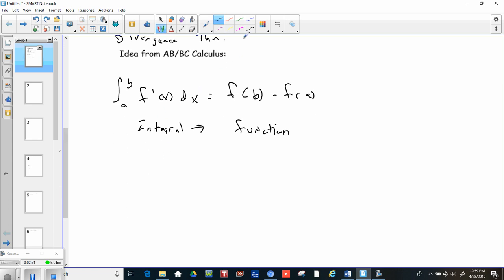The key concept there is that when we're using this, we don't care what happens between a and b.